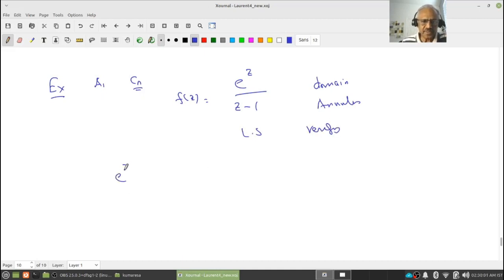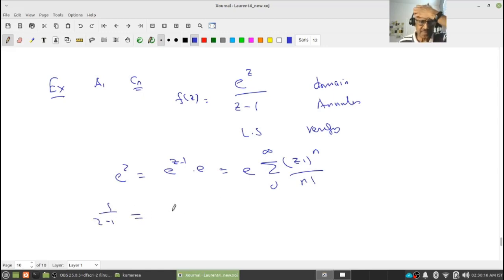See, e to the power z is very easy. e to the power z you can write as e to the power z minus 1 into e, and e to the power z minus 1 is e times the sum of (z minus 1) to the power n by n factorial, from 0 to infinity. That's it. Then multiply by 1 by z minus 1. Therefore this is going to be e times the sum of (z minus 1) to the power n minus 1 by n factorial, n equal to 0 to infinity.